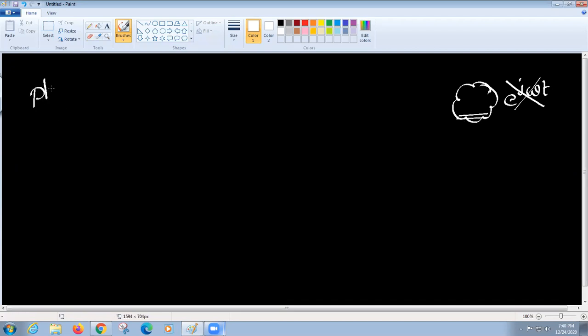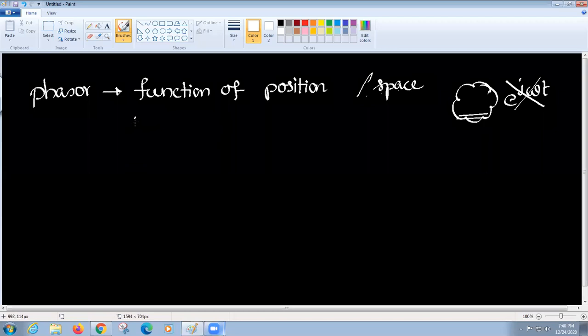So just write it down like this: phasor is a function of position, or space, not time. It's very simple, right?